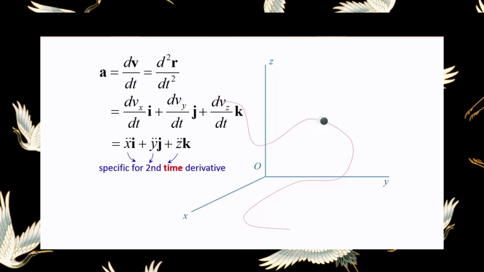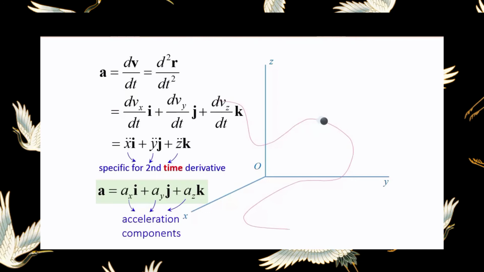It can also be written in Cartesian vector form as ax i plus ay j plus az k, and ax, ay, and az are the acceleration along the x, y, z directions respectively. These are known as acceleration components. Unlike the velocity vector, acceleration in general is not tangent or perpendicular to the curved path. We will talk more about that in later sections.